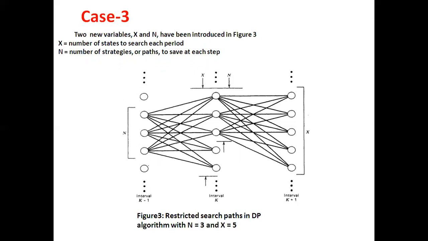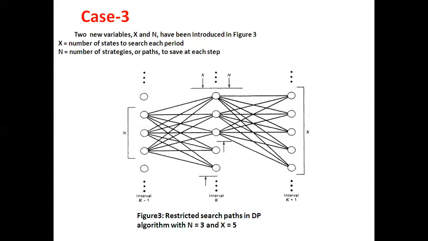So here, if I see 1, 2, 3, 4, 5, that is x equal to 5, and among those, the 3, that is 1, 2, and 3, are where the arrows go out from. For interval k minus 1, the total number of feasible conditions is 5, and among those, the states used are 1, 2, and 3. In interval k, we see the same thing: 5 feasible, of which 3 are used.